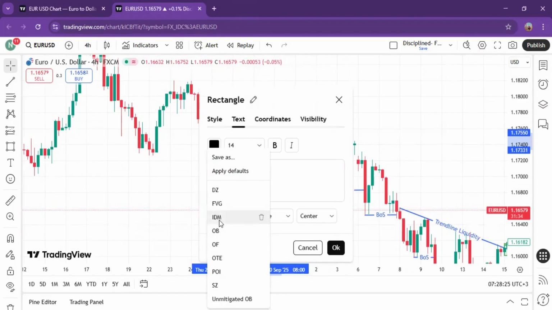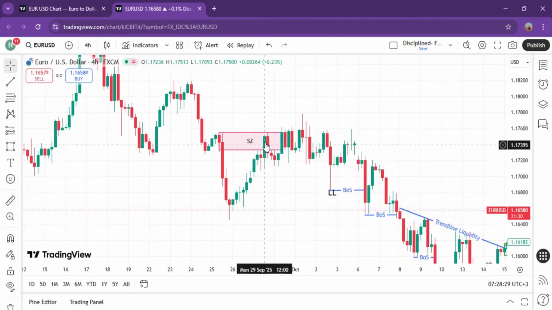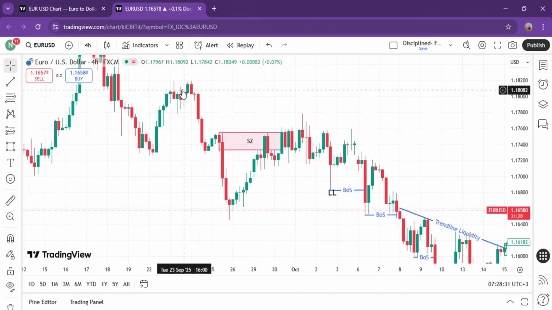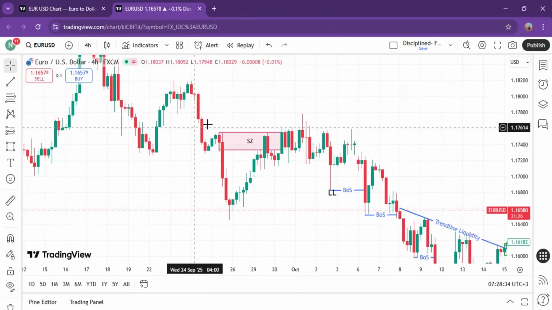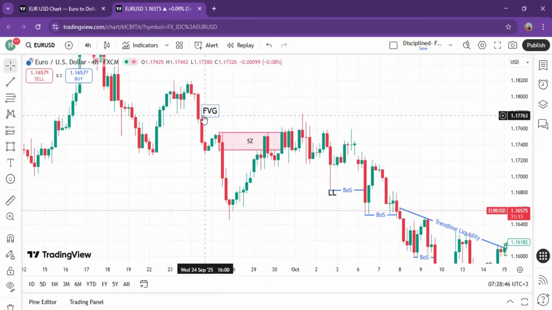So this area acts as an inducement level because early sellers will enter the market at this point. Whereas we have this area which has not yet been mitigated. We have this inefficiency in the market. Hope you can see that we have fair value gaps at this point. So that is imbalance in the market.